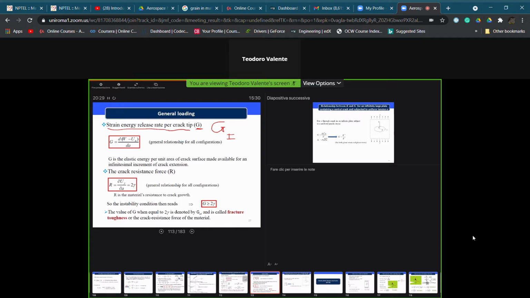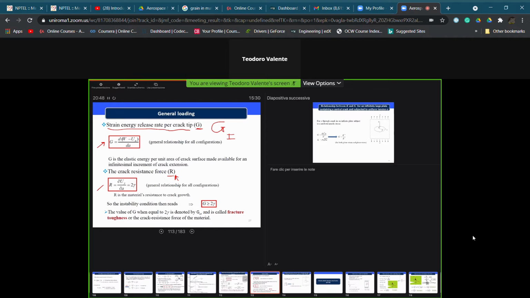We can define at the same time another term, which is called the crack resistance force, that is R. You see, the first one is related essentially to the strain energy released for an infinitesimal increment of crack extension.